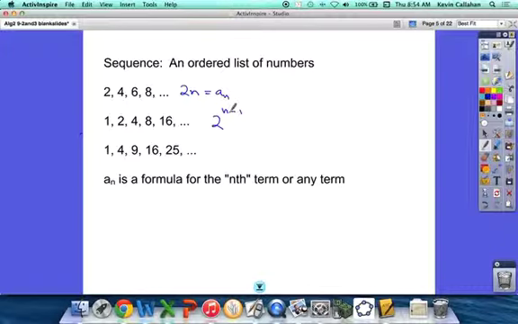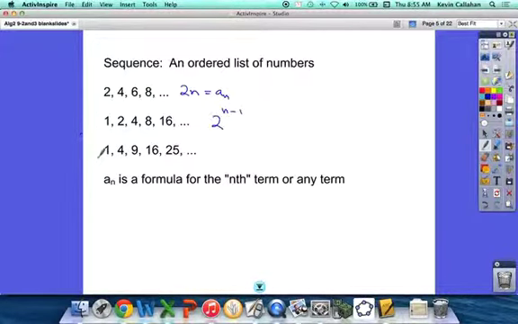What's anything to the 0? 1. Okay, plug in n equals 2 for the second term. 2 to the 2 minus 1. That's 2 to the first, which is 2. Find the third term. 2 to the 3 minus 1. That's 2 squared, which is 4. So every term in the sequence, because n is 1 more, we get 1 more power of 2, 1 more factor of 2. So it's doubling.